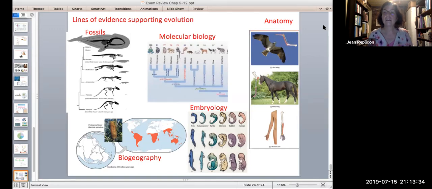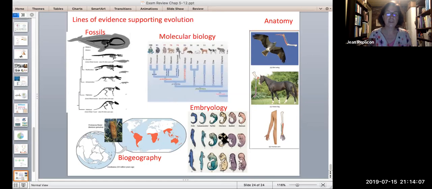Anatomical evidence, for example the arm, leg, bone, wing, in different organisms have a similar pattern in how they're put together. The best way to explain the similarity in the overall layout of these appendages is that there was a common ancestor, and these are all descendants from a common ancestor.